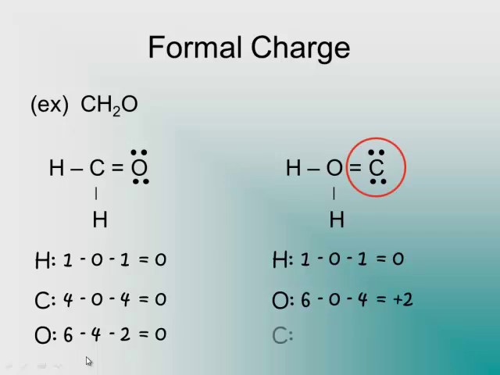For the carbon, 4 valence electrons, minus 4 non-bonding electrons, minus 2 bonds equals a negative 2 formal charge. These formal charges in the right-hand structure do add up correctly. They still add up to 0 since this is a neutral compound. But this is definitely not as good as the previous structure.